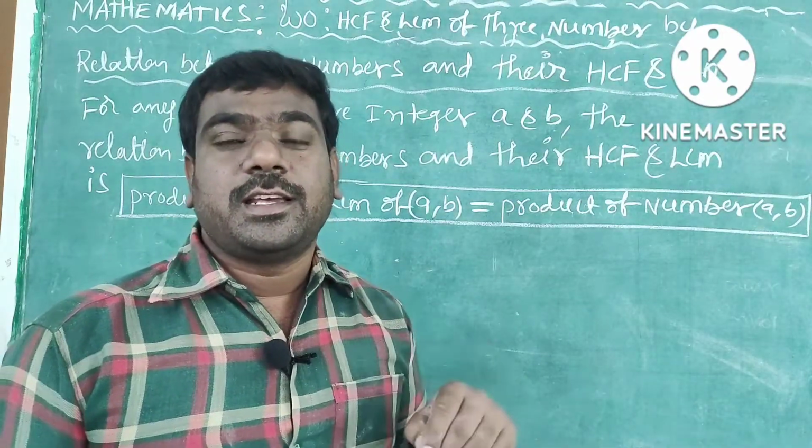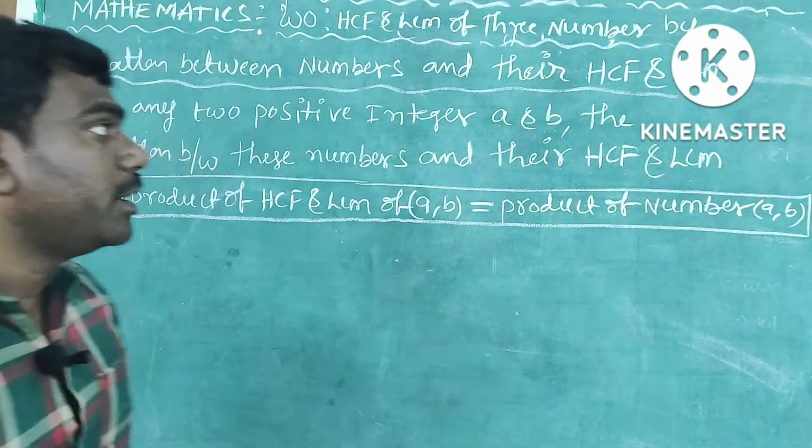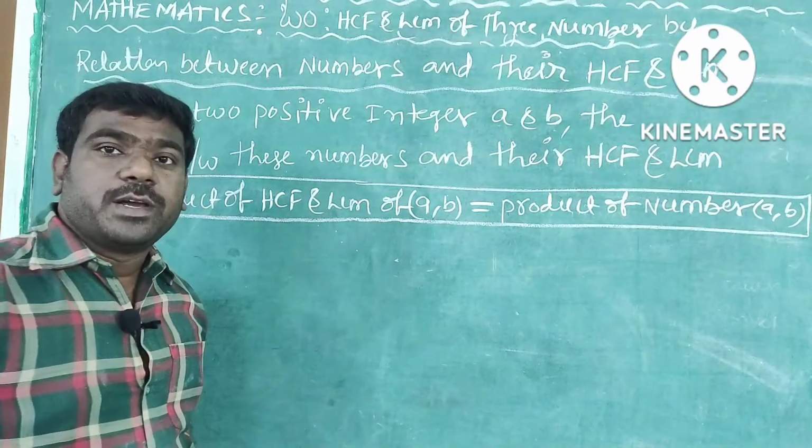That is called the relation between the HCF and LCM and their numbers.